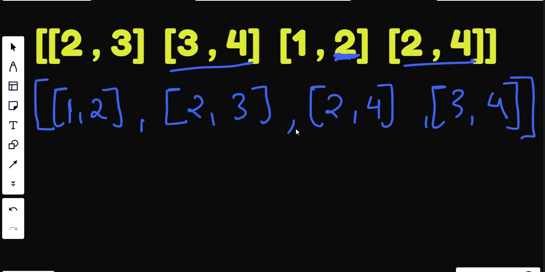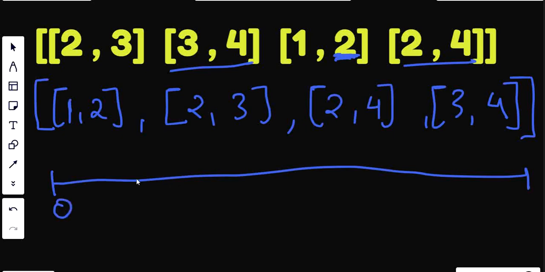After this, I'm going to apply the same condition again. For 1 and 2, I take 1 and 2 on my number line. Now our number line is sorted and our array is also sorted, so we will be able to check the overlapping easily. 1 and 2 will be this one. We block this slot.